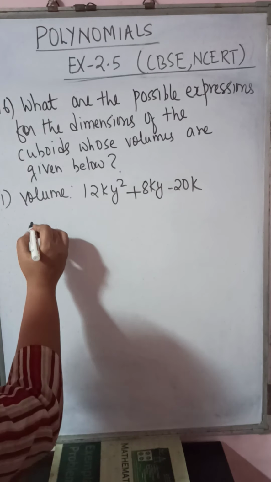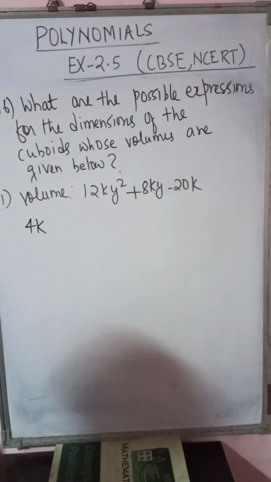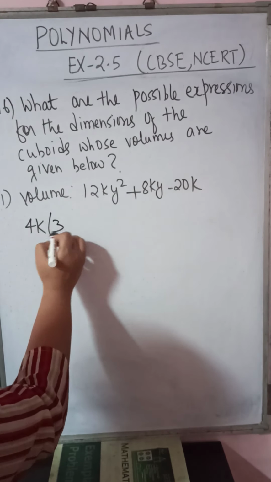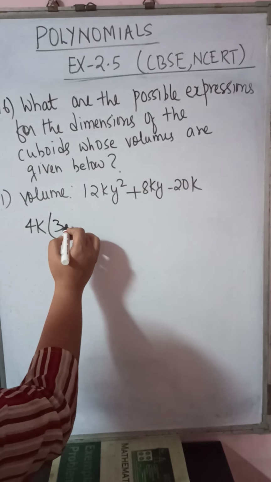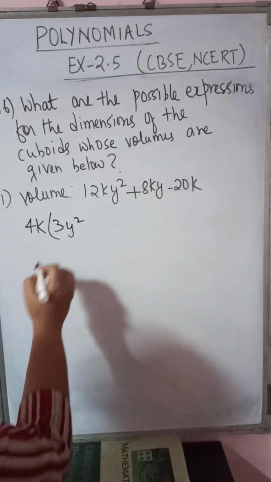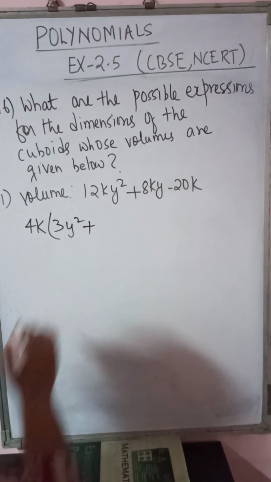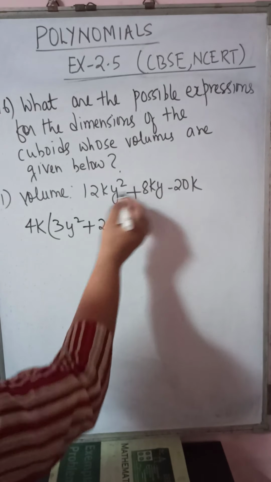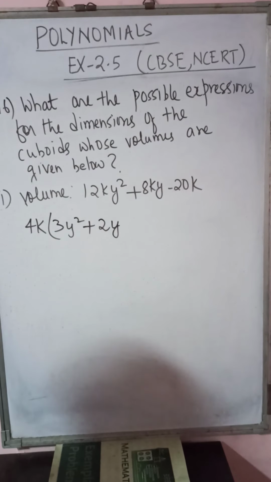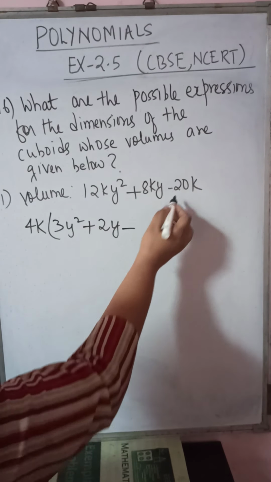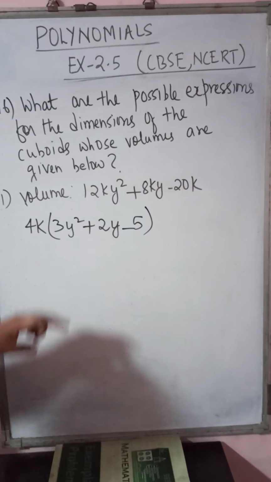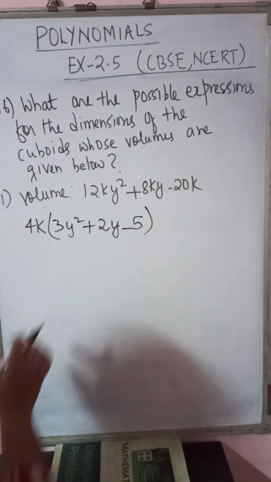So I am going to take 4k common. Now if you are taking 4k common, just see the first term. What will remain? 4 3s are 12. K is already out. Y square plus, check the second term. 4, how many times you'll get? 8, 2. K is already out. So what will remain? Y minus 4, how many times you'll get? 20. 4 5s are. K is already out. So this is your equation. Now this is simple quadratic equation.